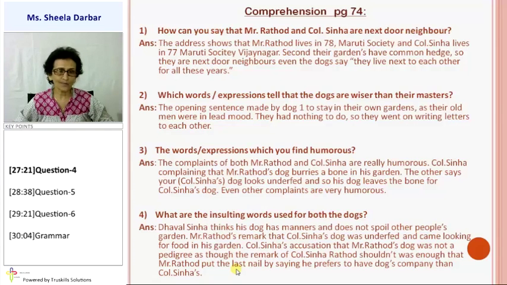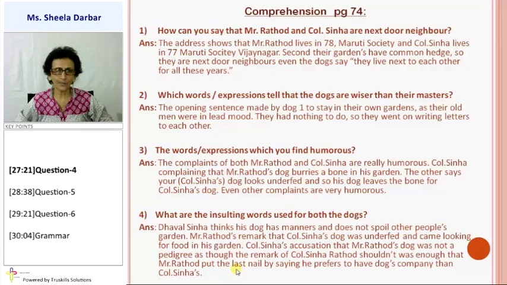Fourth one, what are the insulting words used for both the dogs? Now let us see which are the words. Colonel Sinha thinks his dog has manners and does not spoil other people's garden. And Mr. Rathore's remark that Colonel Sinha's dog was underfed and came looking for food in his garden.